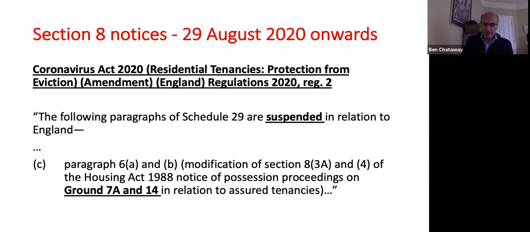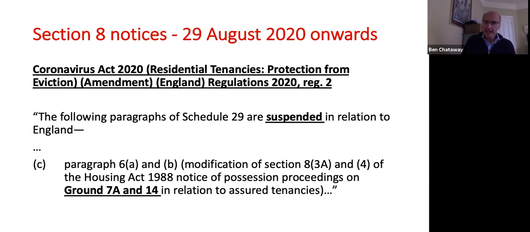Basically, what the government's done is it started off with your old notice period for ASB claims, which under ground 14, there was no notice period. You could start proceedings as soon as the notice was served. It then imposed from March to August that 3-month period, and then it took it away from August. And this is how it does it. It does it through the regulations which purport to suspend the Coronavirus Act. And so basically what it's doing is taking away that 3-month amendment and leaving in place the old rules.